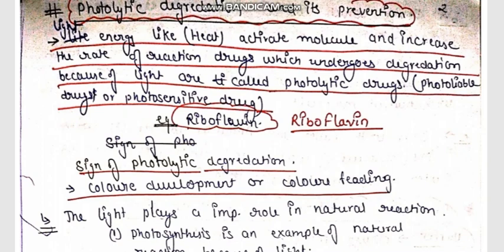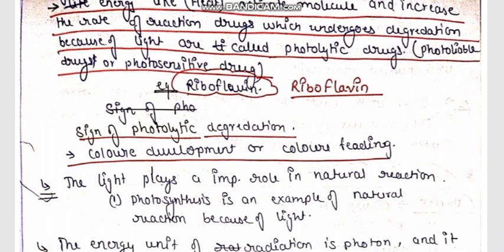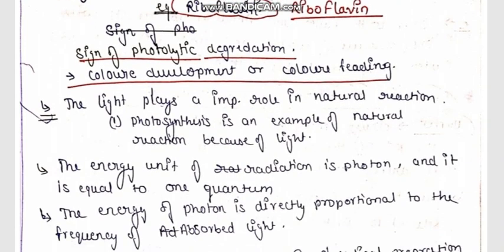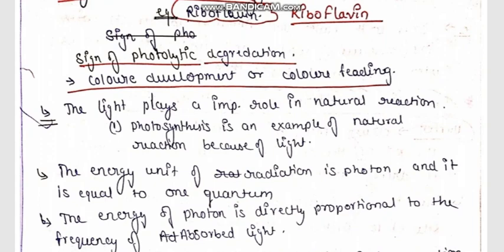What are the signs of photolytic degradation, that our drug has been degraded due to light? How can a simple man, or a man without good knowledge of pharmacy, recognize that our product has been changed? The first sign is color development or color fading.